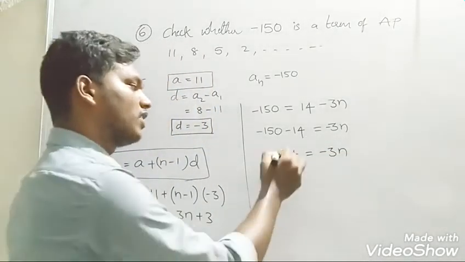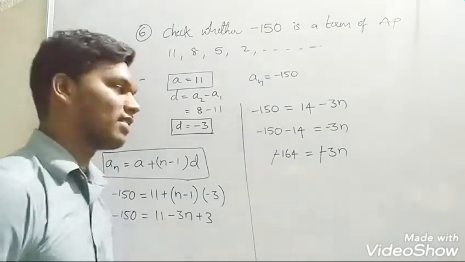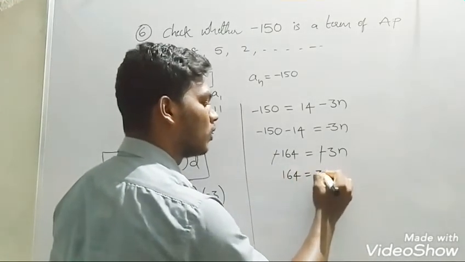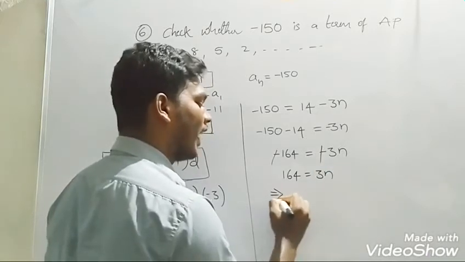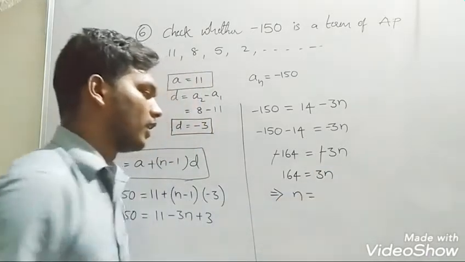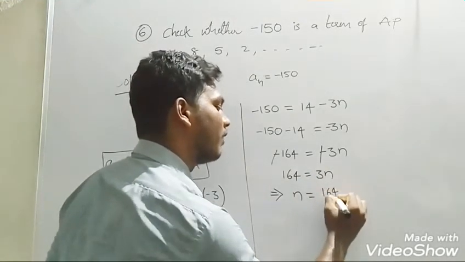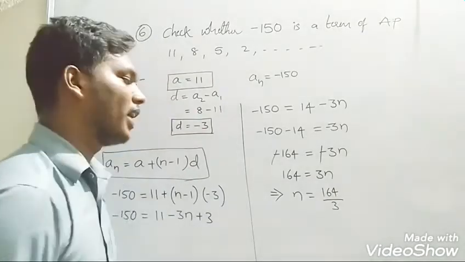This minus and this minus get cancelled, and finally we have 164 is equal to 3n. We want the value of n, so n is equal to 164 divided by 3, moving 3 to this side.